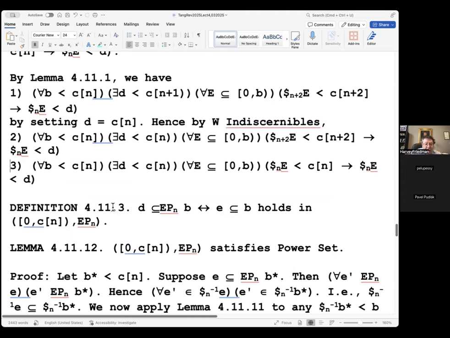All right. Now we want the inclusion relation. We want notation for the inclusion relation, which makes no sense for points, but it does make sense since we have a structure. So there's an inclusion relation in the sense of the structure.